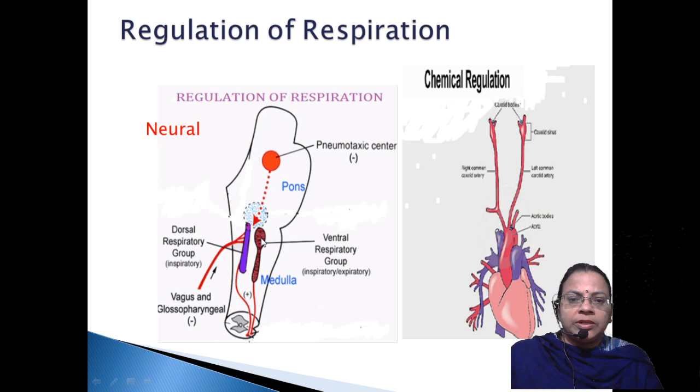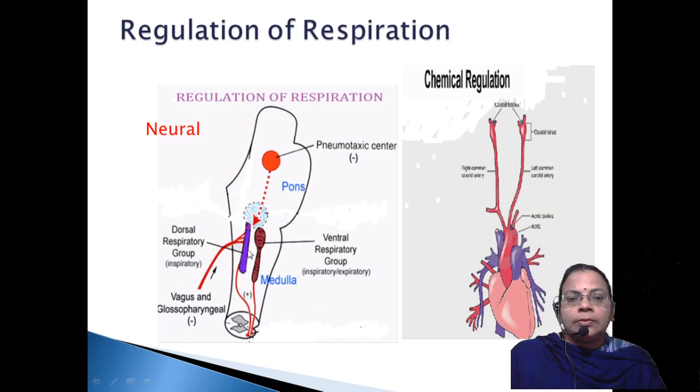And the ventral respiratory group will regulate the situations of forceful inspiration and forceful expiration. So whenever we require extra energy, extra oxygen, that forceful inspiration and forceful expiration is controlled by the ventral respiratory group. Collectively, we call this center the respiratory rhythm center. They will regulate the rhythm of breathing.